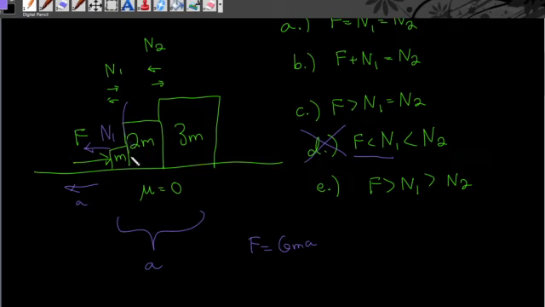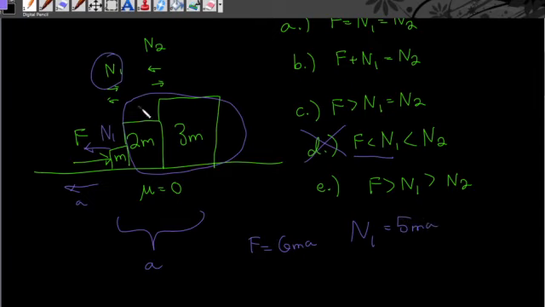Now let's ignore the first block and look at these two. Whatever force is exerted on these two would have to be equal to 5ma, since all three have the same acceleration, and the mass of this is 5m. The force acting on this double block system is just n1, so we know that n1 is 5ma.